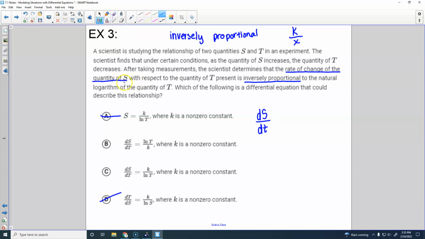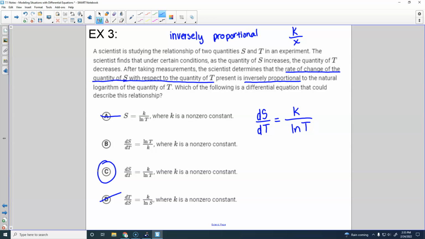It's not with respect to time. What's it with respect to? Quantity of T. So that little t right there really shouldn't be a little t. It should be a big T. Doesn't help us over here though. Is inversely proportional. So this time we'll have K over the natural log of the quantity of T. Natural log of T, which is C.